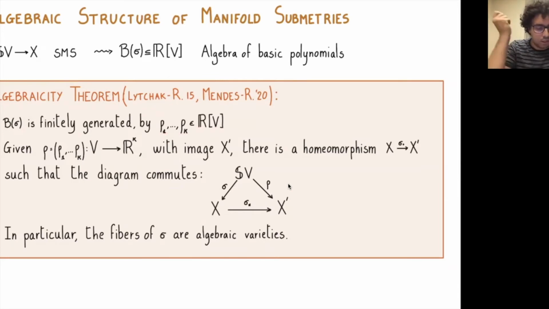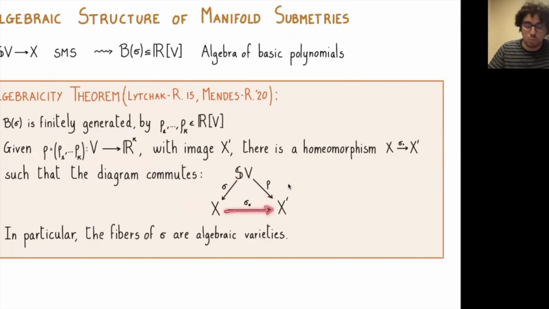And the second thing is that if we take these polynomials and stick them together to produce a polynomial map that takes a point p to the point (rho_1(p), ..., rho_K(p)), and say that the image is X, then what happens is this. On one hand, we have our spherical manifold submetry we began with. Here we have an algebraic map.